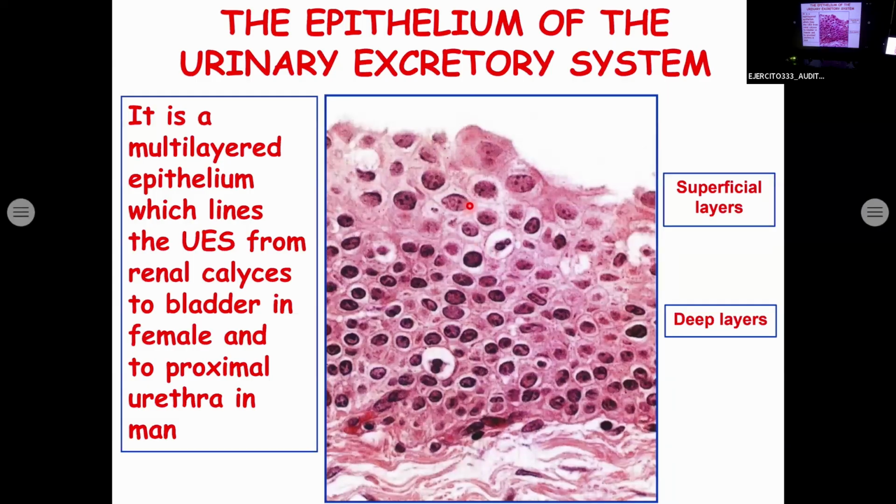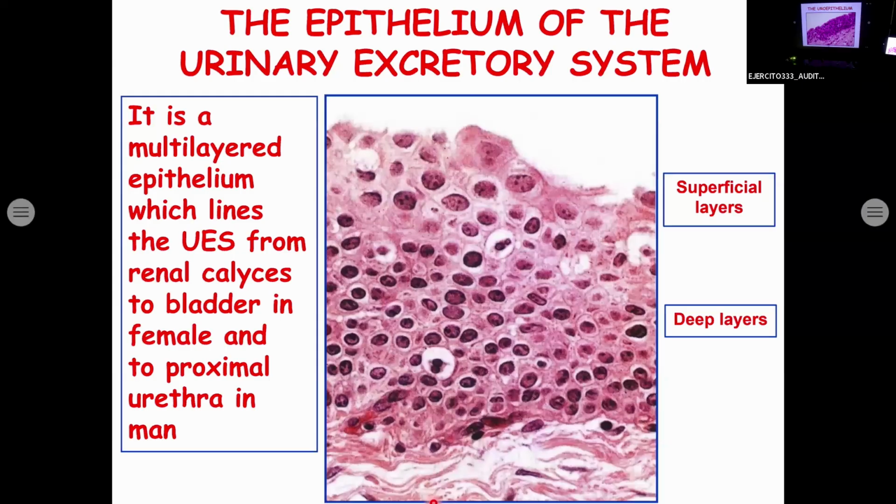to the superficial layers. And as you can see very easily here, you have small cells with a high nuclear cytoplasmic ratio. And then as we go up, the size of the cell increases and the nuclear cytoplasmic ratio decreases.